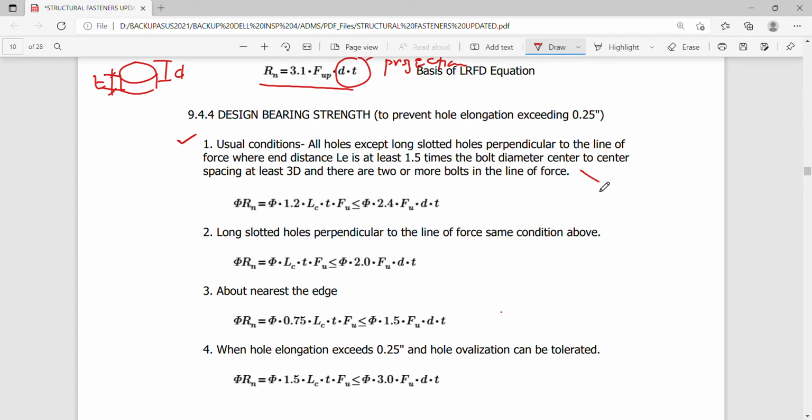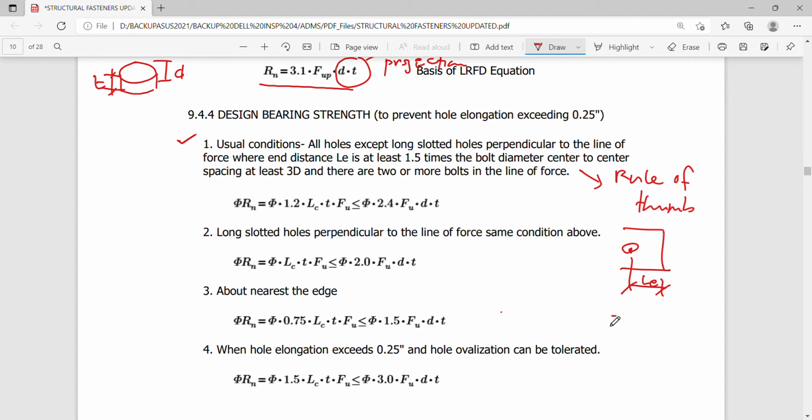Okay, so this is the rule of thumb that I'm referring to in my first lecture, that whenever we see the edge of a plate or a connection and you have a bolt there, LE simply refers to the distance of the bolt center to the edge.